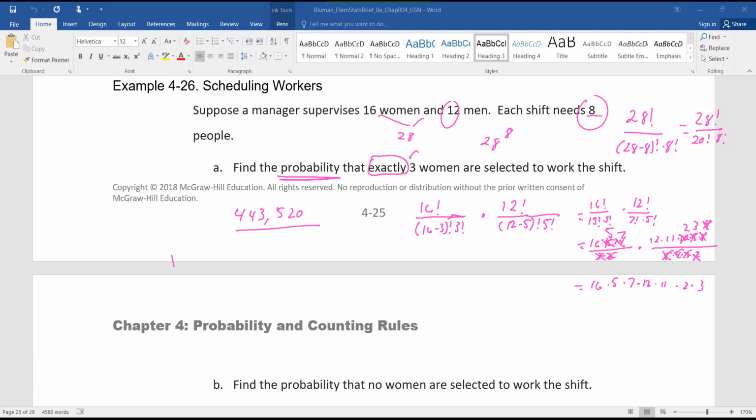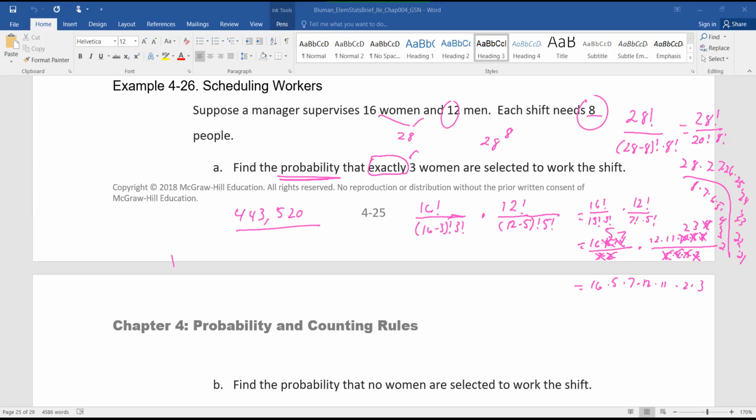So that would then be 28 times 27 times 26 times 25 times 24 times 23 times 22 times 21 over 8 times 7 times 6 times 5 times 4 times 3 times 2. I bet it's the same thing.